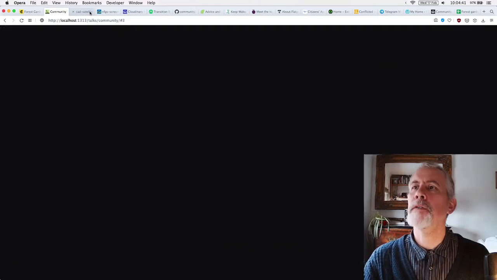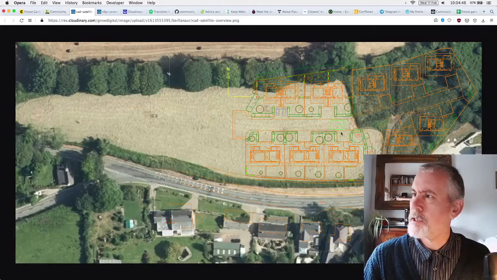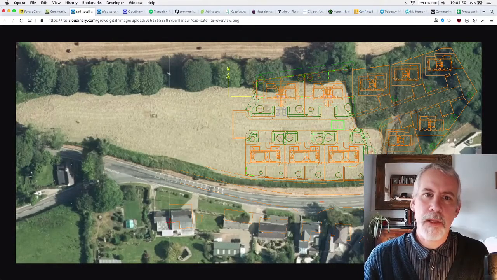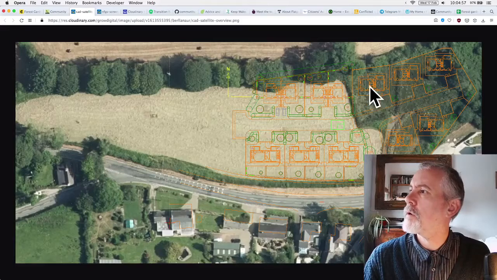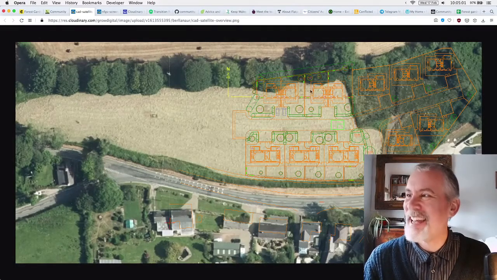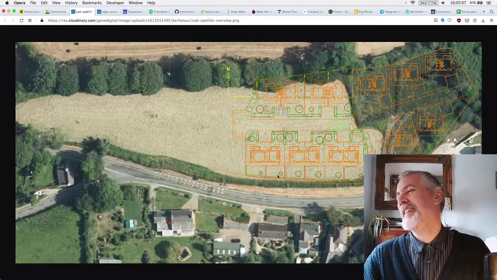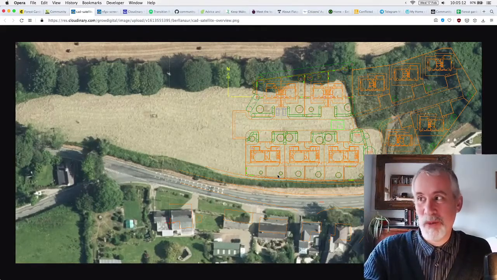I'll give you an overview. I don't know if you can see that, but over this side is the social housing, and then over on this side there are 5 private houses. So there's 10 buildings in total and 15 households altogether.